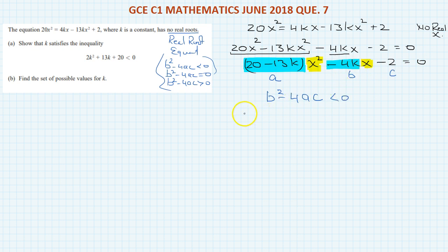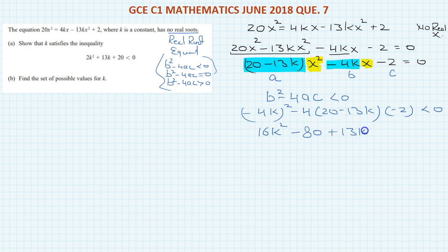Now b is minus 4k, square, minus 4, a is 20 minus 13k and c is minus 2, is less than 0. That is what our equation is. Now the square of negative 4k is 16k square, minus 4 times 20 minus 13k, and this all is multiplied by negative 2.